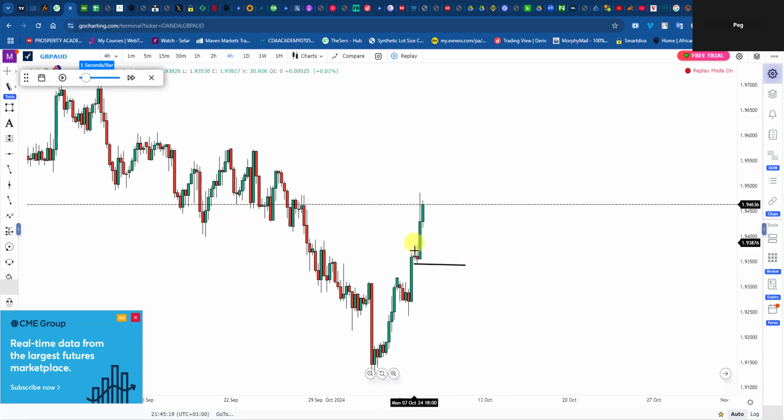This is your inducement. This is the first pullback. Why is this an inducement? Because there is that temptation to buy at this pullback. Most retail traders will wait for price to come back around this pullback to buy.